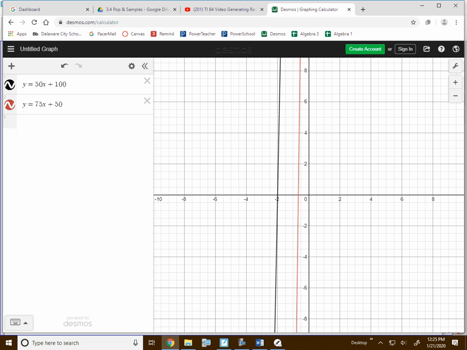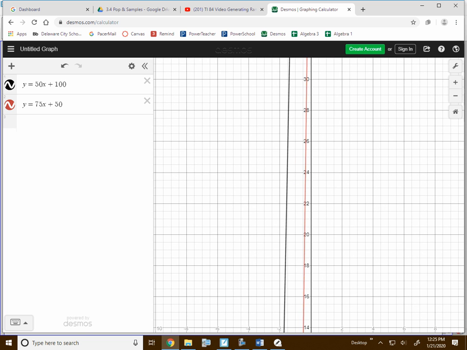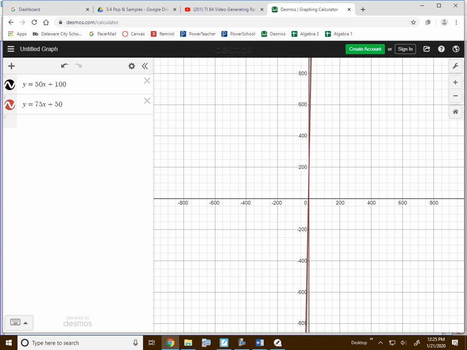Let's see if we can find where this exercise is. Okay, right there. (2, 200) is our solution. So they cross at (2, 200). Let's interpret that.